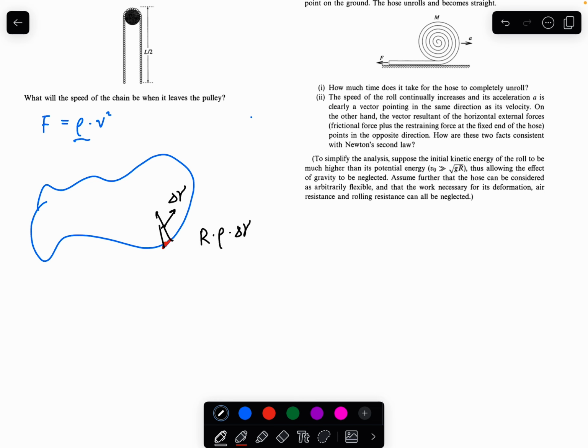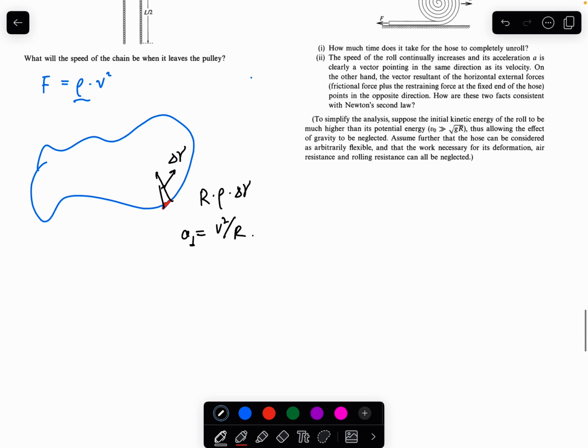The acceleration of it, perpendicular, is v squared over r. So it has something like this. The left part is F, the right part is F, and it contributes to an overall centripetal force, right?